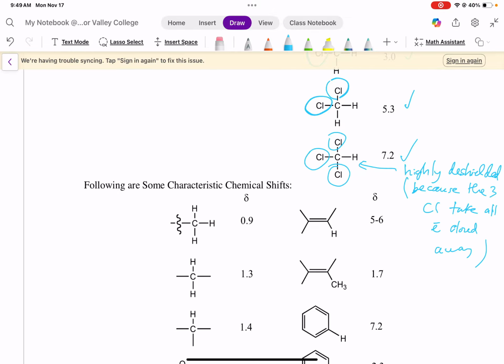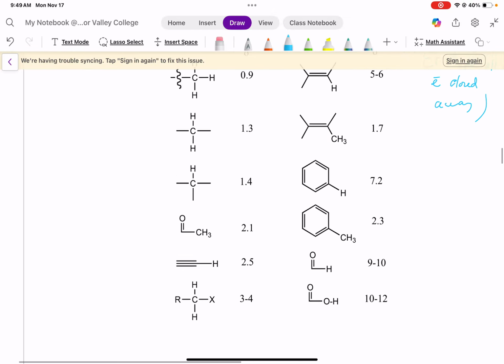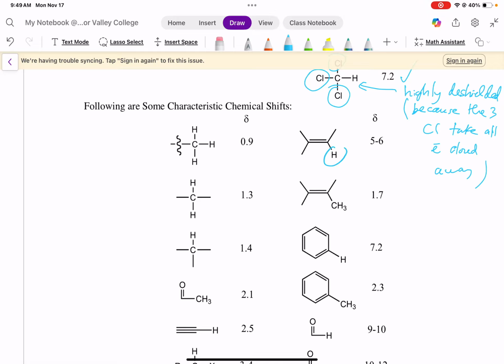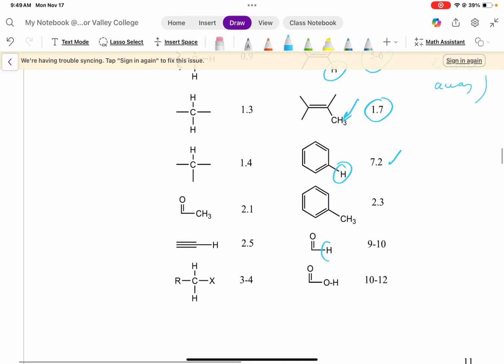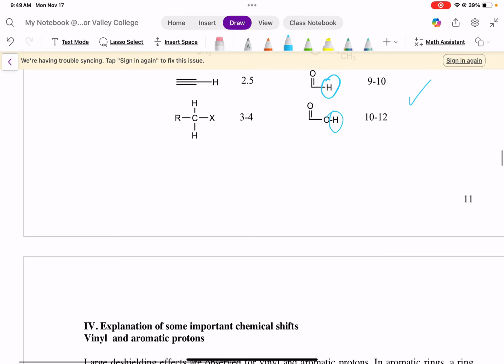You've got a double bond, it's pretty high, but for a CH3 that's a step away, so that's lower. The hydrogen right on the double bond is very high, and so on and so forth. These hydrogens are extremely high.